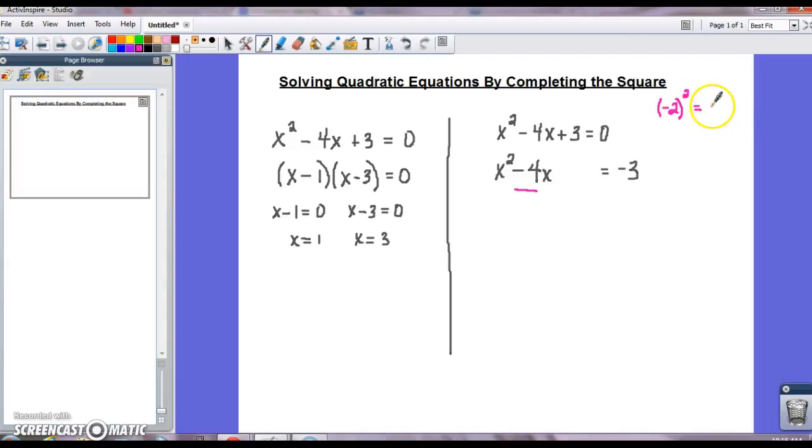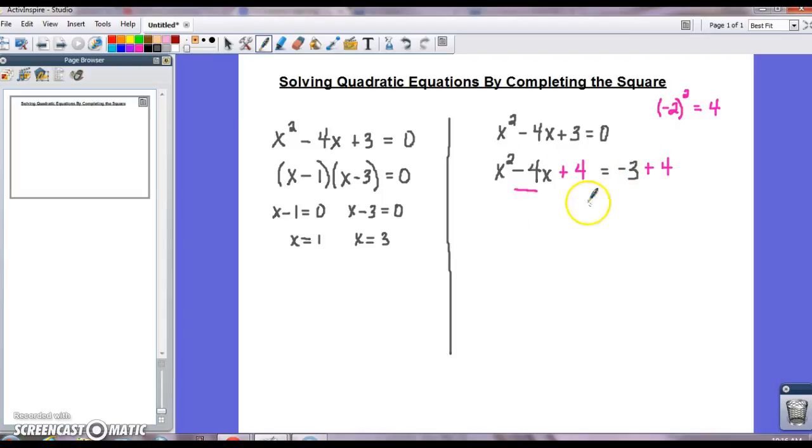When I square a negative number, I get a positive number. Okay, take half of the middle term and square it. And when I do that, I get 4. So I'm going to put that in that space that I left. In order to maintain equality, whatever you do to one side of your equation, you have to do to the other. So I'm going to add 4 on this side as well.